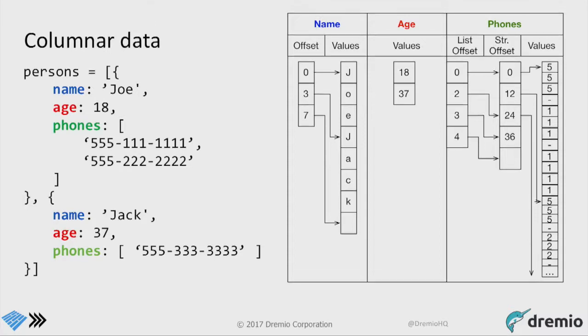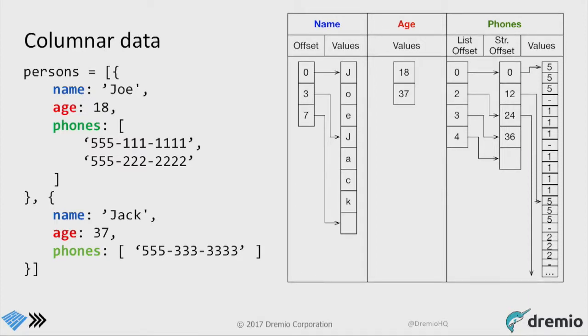So this is the Arrow representation. If you have fixed width values, it's simple. You just put one after the other in a vector. So here, age, 18, 37, you just put the 2 values one after the other. If it's variable length values, like a name, you put all the values one after the other, and you have an extra offset vector that points to the beginning of each value. And this is composable.